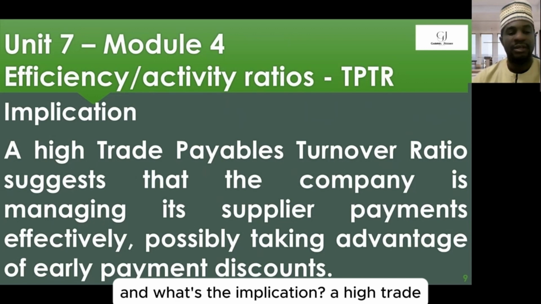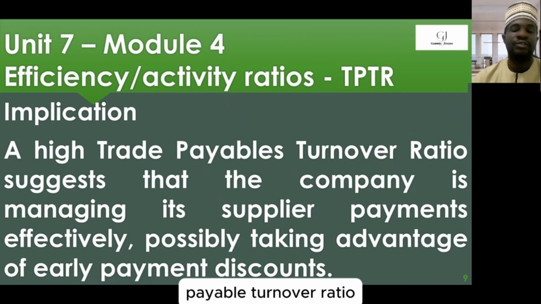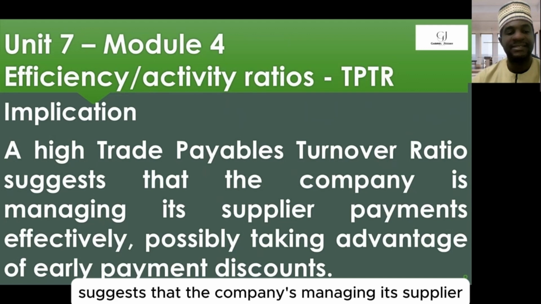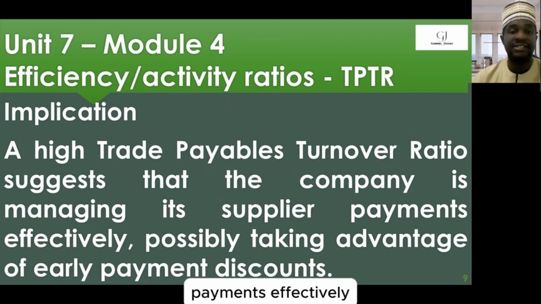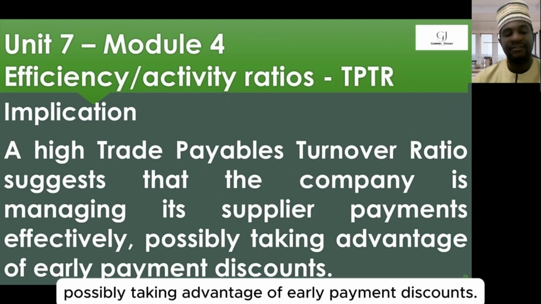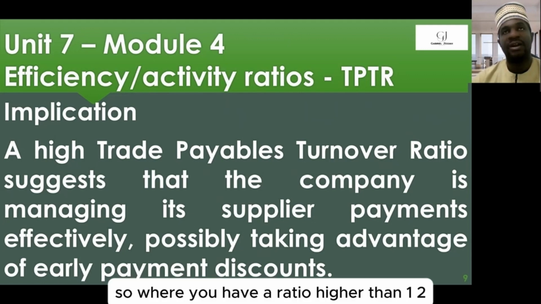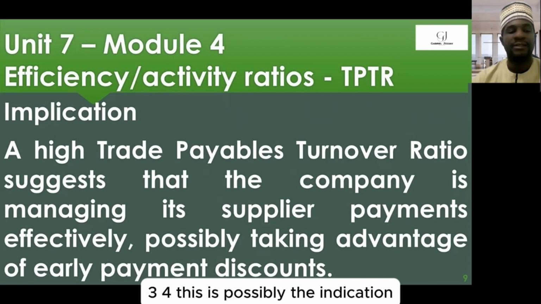What's the implication? A high trade payable turnover ratio suggests that the company is managing the supplier payments effectively, possibly taking advantage of early payment discounts. So where you have the ratio higher than 1, 2, 3, 4, this is possibly the implication.